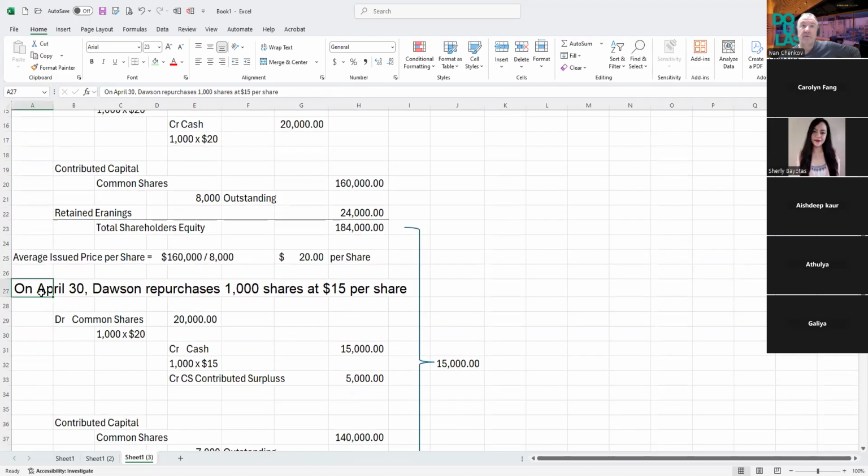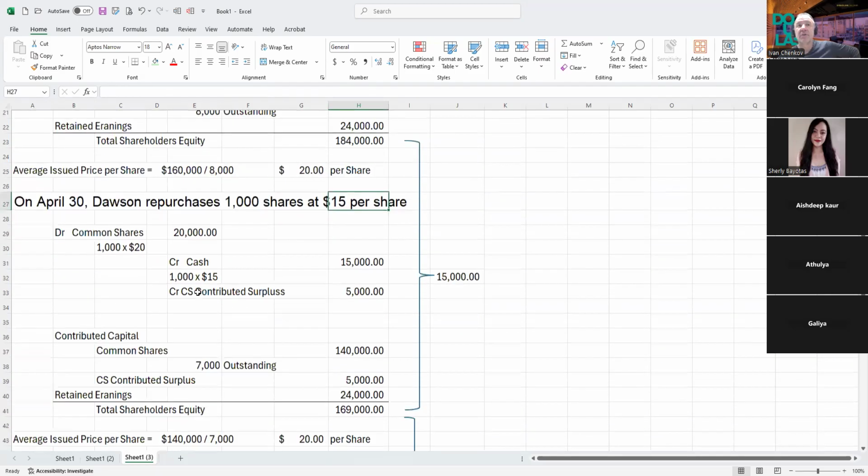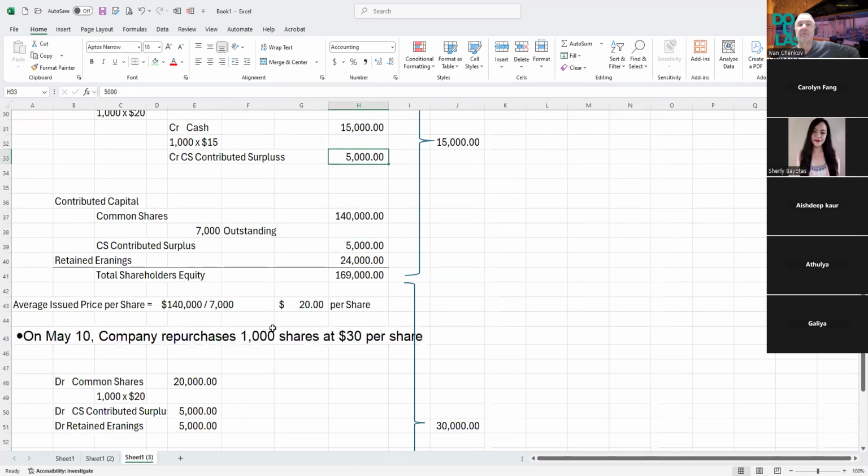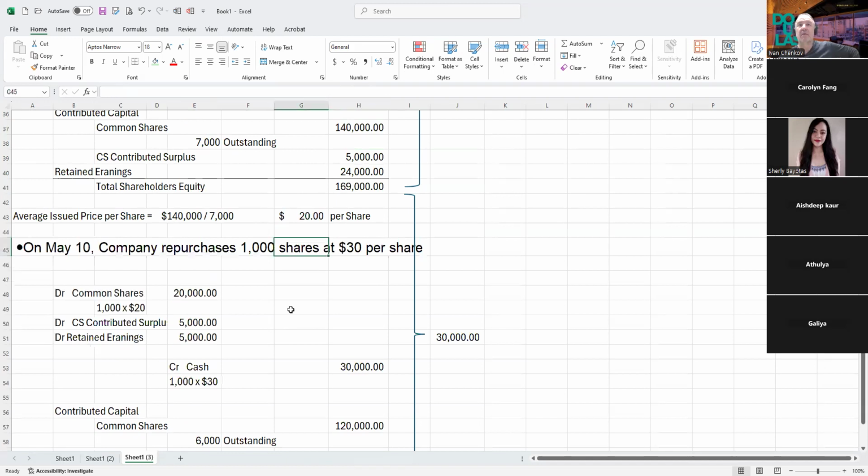If, however, we repurchase the shares below the average issue price, that's going to generate contributed surplus. We're going to pay less cash, and that's going to generate contributed surplus. If, however, we're paying more than the average issue price, what do we have to do now?